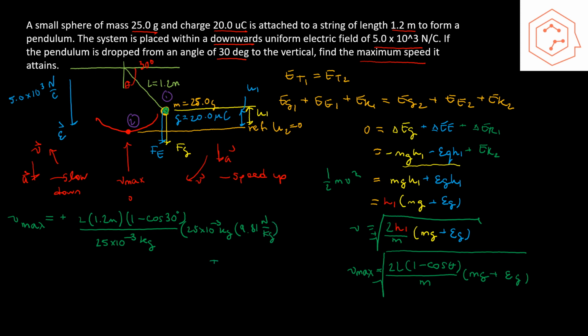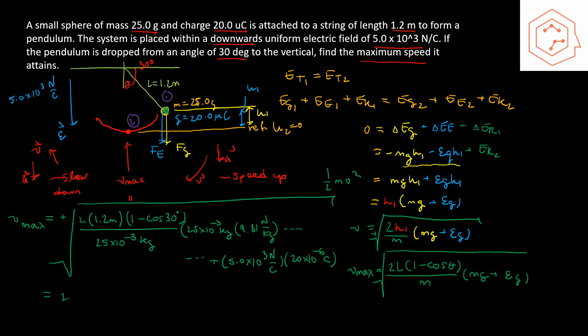I'm running out of room, so I'm going to move to the next line. Plus E, which is 5 times 10 to the 3 newtons per coulomb, times our charge, which is 20 microcoulombs, but again we want SI units, so it's 20 times 10 to the negative 6 coulombs. All of this square rooted. And if you plug that into your calculator, you will get a final answer of 2.11 meters per second.